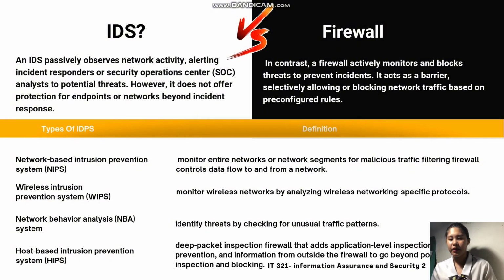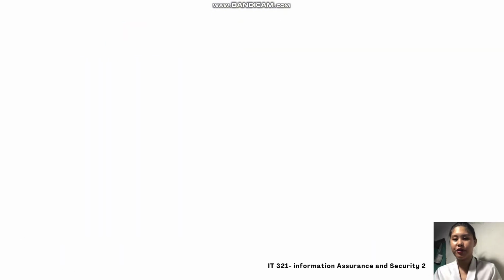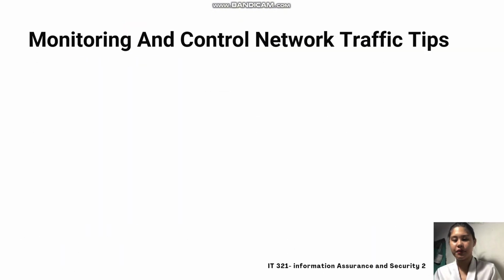Deep packet inspection firewall that adds application-level inspection, intrusion prevention, and information from outside the firewall to go beyond port, protocol inspection, and blocking. Monitoring and control network traffic tips. Tip 1. Choose the right data sources with two main data.